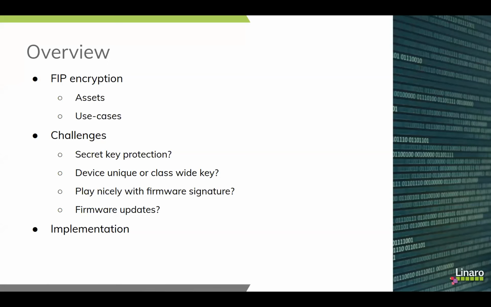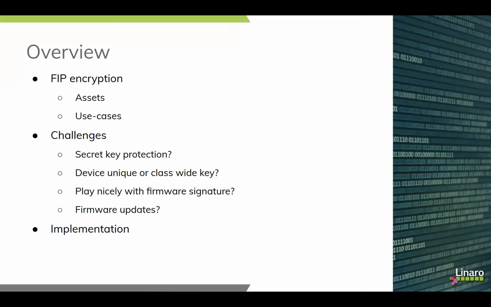So this is the overall list of topics I have to cover today. Starting with the FIP encryption overview, the assets which we are trying to protect, and the use cases which are driving this FIP encryption feature.